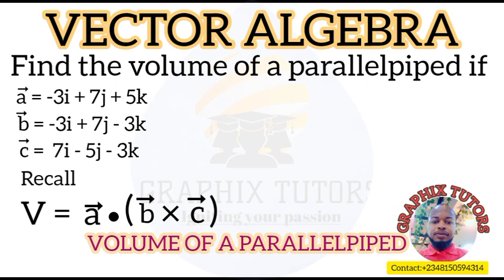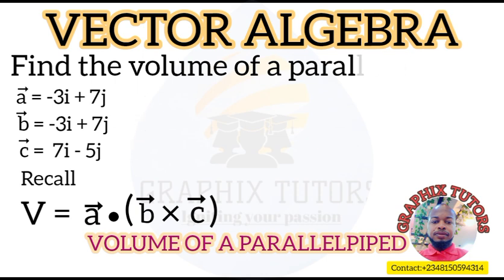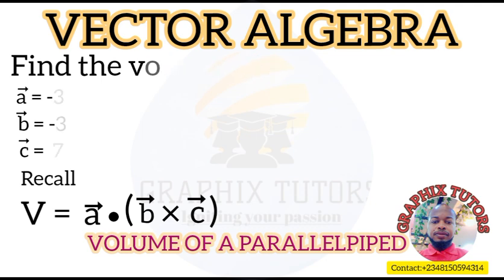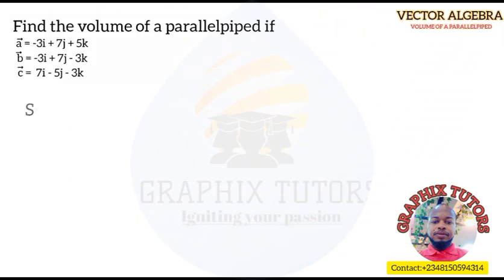So for this video, we'll be doing both the determinant method and also using the formula. So let's start with the determinant method. Now the volume is vector A dot product in bracket, you put vector B cross product vector C.